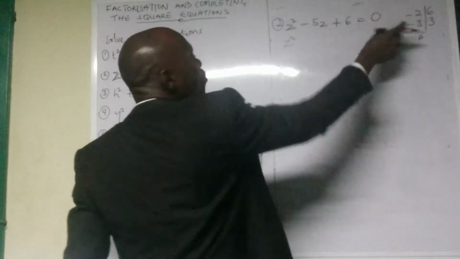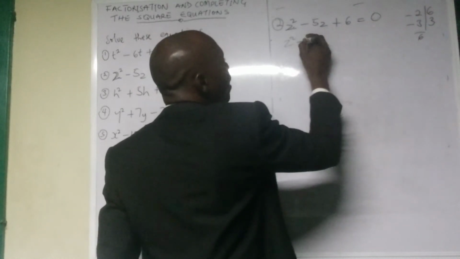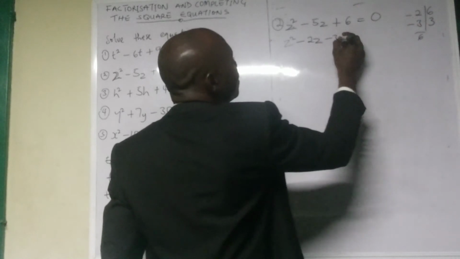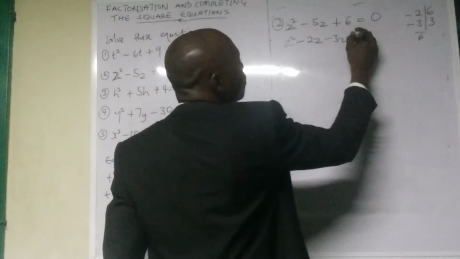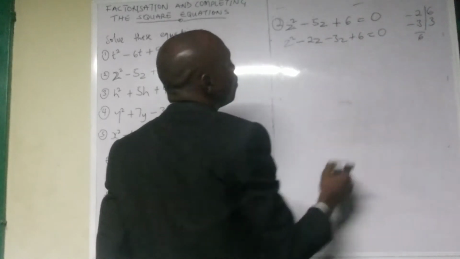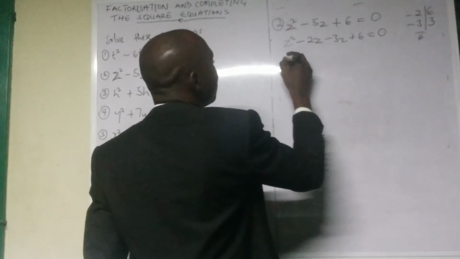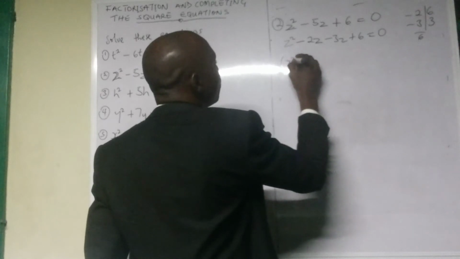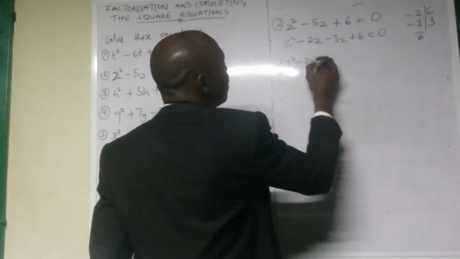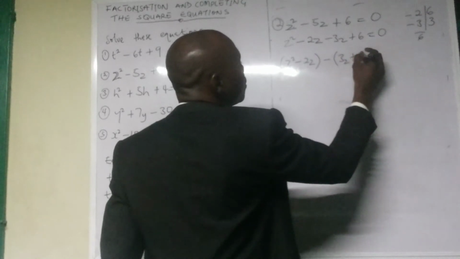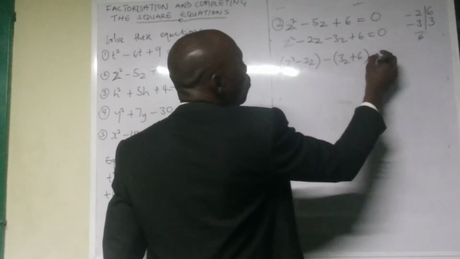So let's input this one here, giving us minus 2z minus 3z plus 6 equals 0. From here now, we collect the like terms and close the bracket: z squared minus 2z, close, 3z plus 6 equals 0.